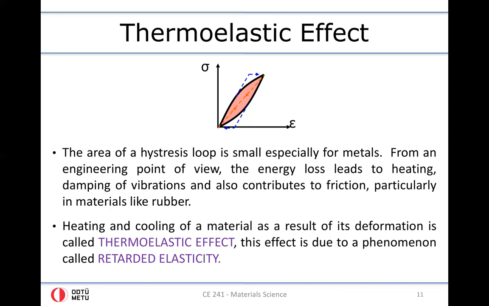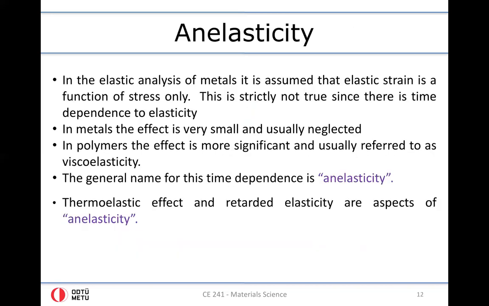Therefore, you observe some convergence to the ideal elastic behavior, but with a delay. That's why probably people call this phenomenon retarded elasticity as well. But in general, it is better to call it thermoelastic coupling or thermoelastic effect.